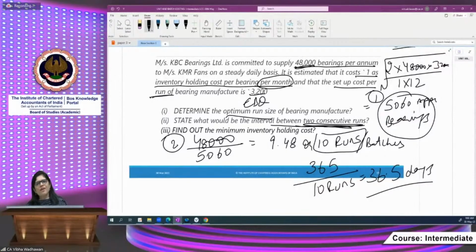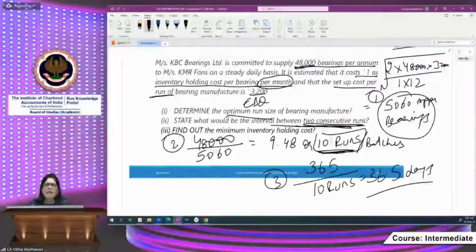And the third part is, what would be the interval between two runs? 10 runs will be done in the entire year, 365 days, so 365 days divided by 10 runs. The gap between two batches will be 36.5 days. So I hope points 1 and 2 are clear to you.